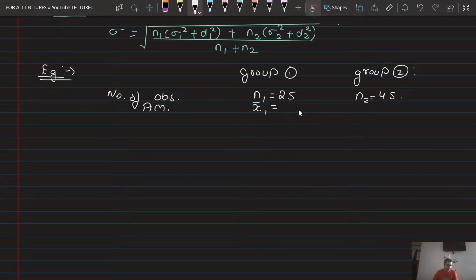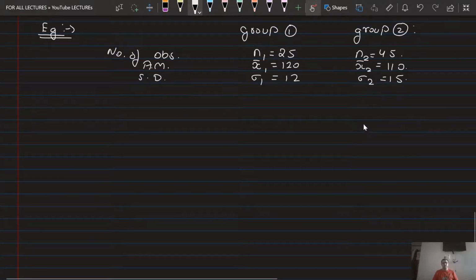X bar 1 as let us say 120 and x bar 2 value as let us say 110, and the corresponding standard deviation values are given to me. Sigma 1 is 12 and sigma 2 is given to me 15. If all these observations are given, we just have to find out the combined standard deviation.